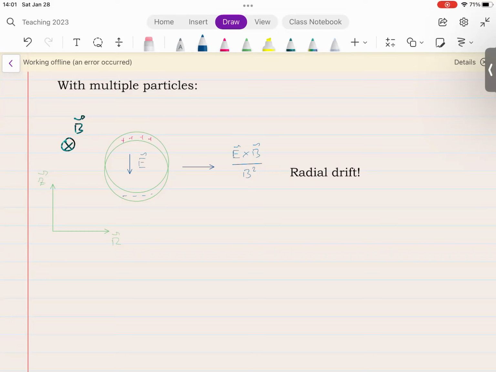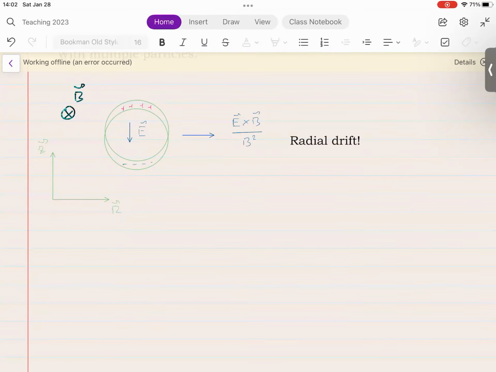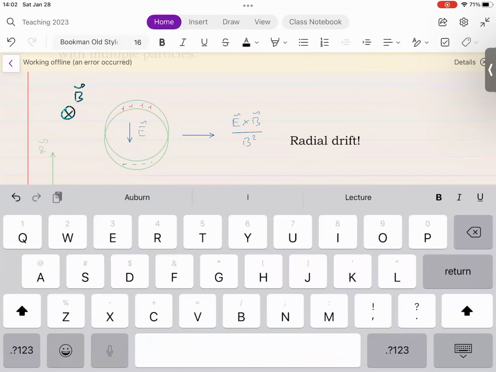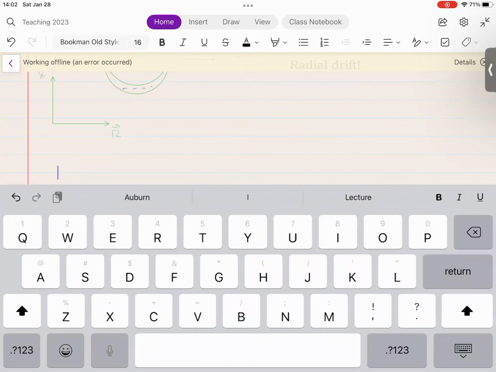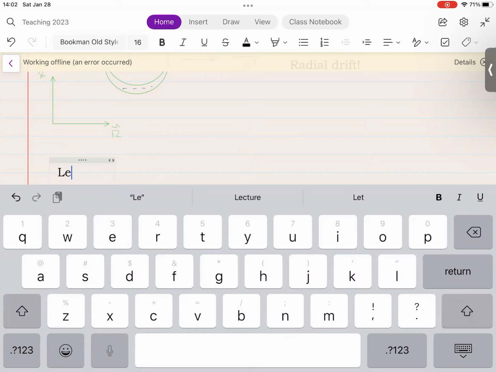And let's see how we can work on a solution. I'm going to try a different field configuration.